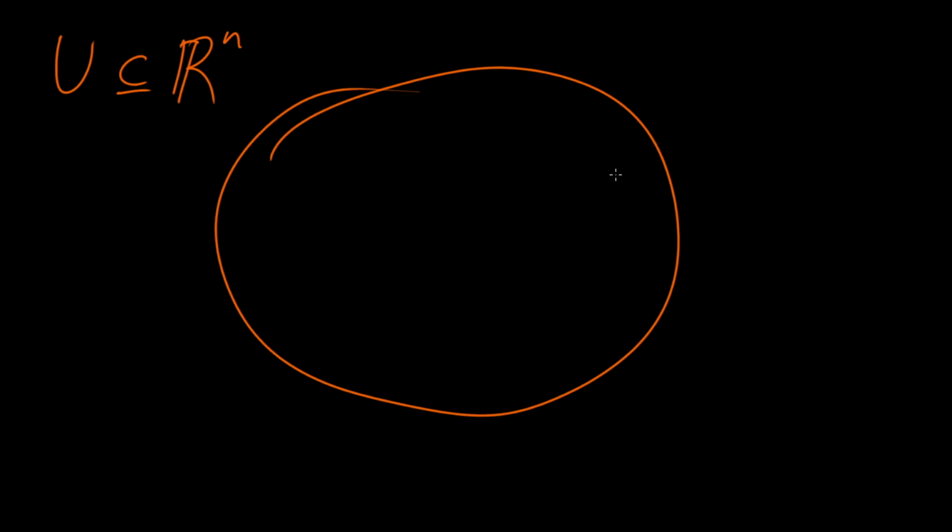a set is open if no matter what point you choose in the set, if you can make a ball around it that stays within the set, it doesn't matter what the radius is.